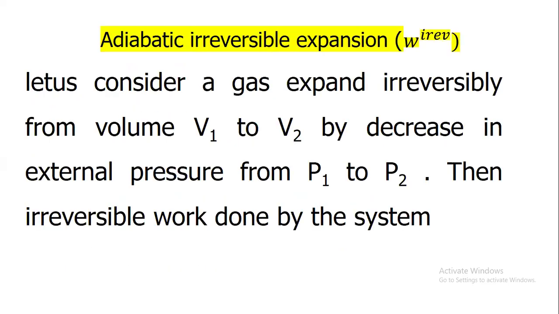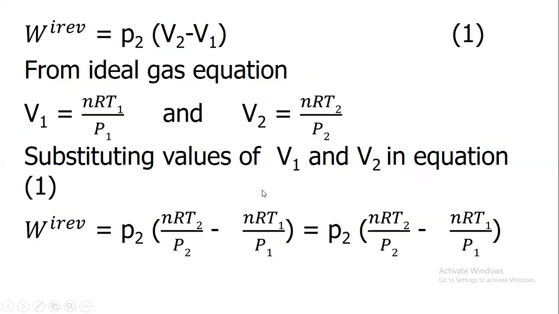Adiabatic irreversible expansion, W irreversible. Let us consider a gas expanding irreversibly from volume V1 to V2 by a decrease in external pressure from P1 to P2, then the irreversible work done by the system, W irreversible equal to P2 times V2 minus V1.